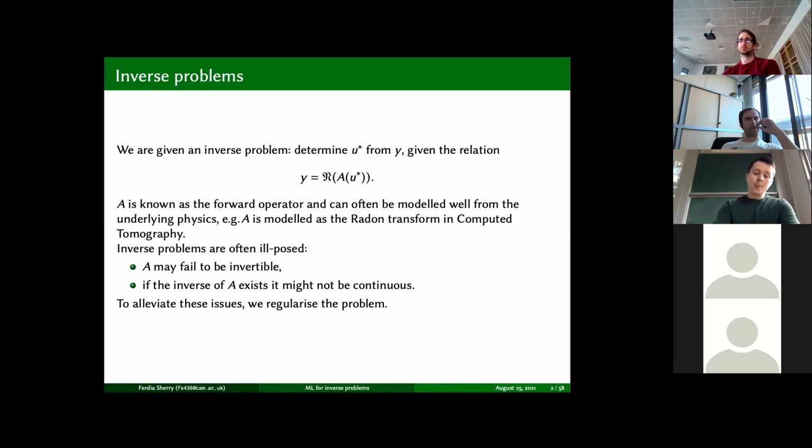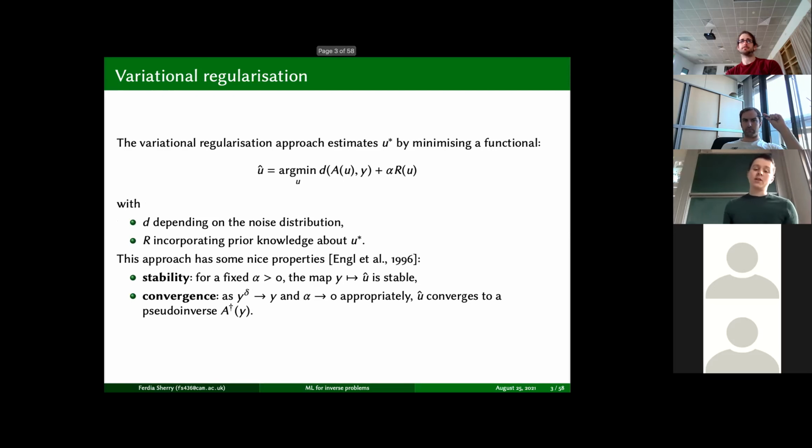So the field of inverse problems is well established by this stage, and there's a very nice approach to deal with this ill-posedness. There are various regularization strategies, but one of the main ones is variational regularization, and that is what we're going to take as our lifeline throughout this talk.